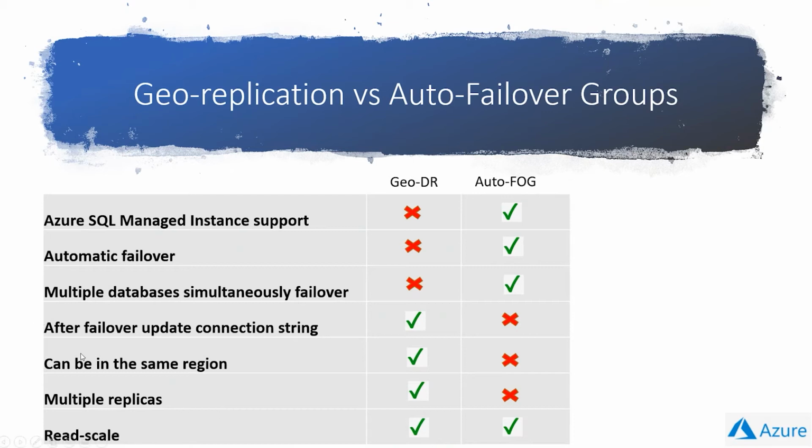Now, we also have something called automatic failover, and this only works for auto failover groups. So basically, with automatic failover, you're letting Azure manage the failover in case of a failure. The way it works is Azure triggers failover after a failure is detected and the grace period has expired. So basically, you can set a grace period. The minimum is 1 hour.